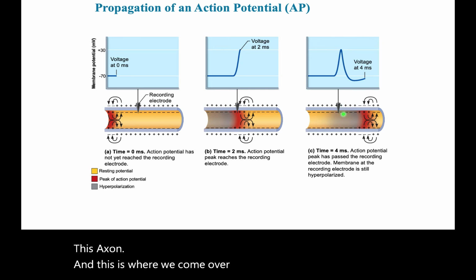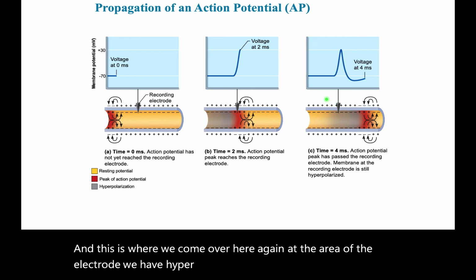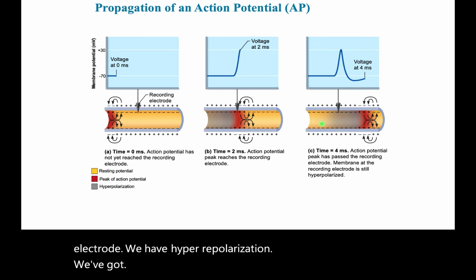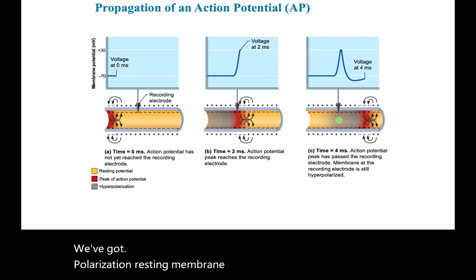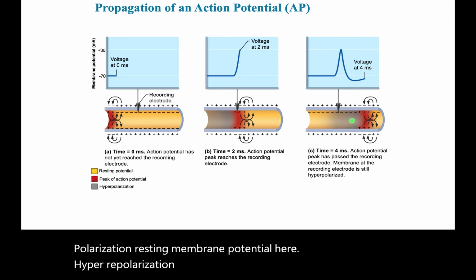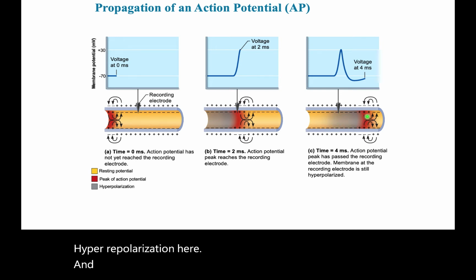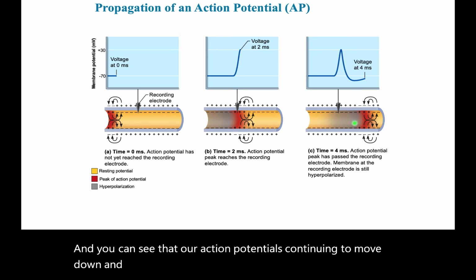Again, at the area of the electrode, we have hyper-repolarization. We've got polarization, resting membrane potential here, hyper-repolarization here. And you can see that our action potential is continuing to move down. And that's what's happening.